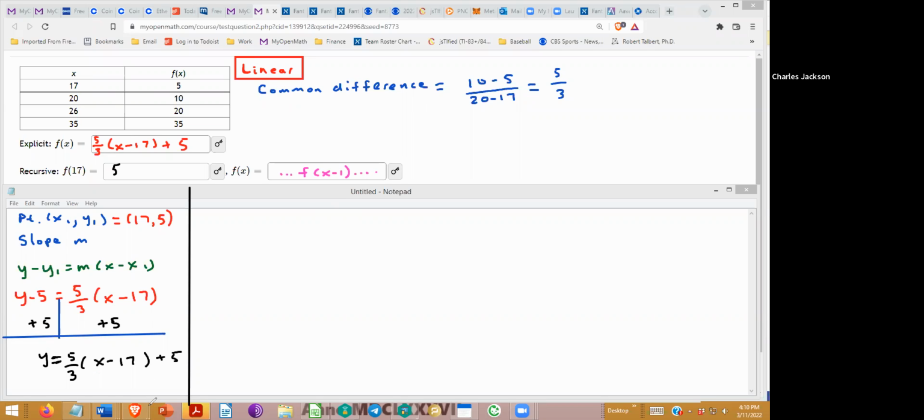Okay. Well, what are we doing? We're adding 5/3 every time. So f of x equals, the new term is the previous term, subtract 1 from x, plus 5/3.